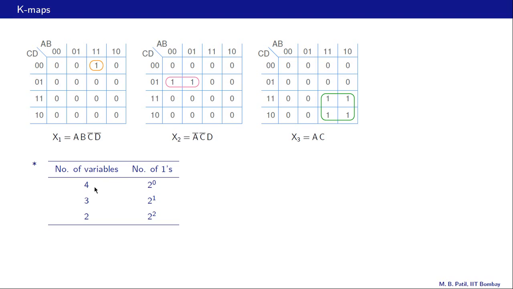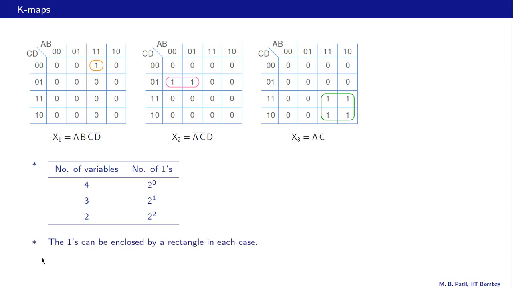If we have 4 variables, as in this case, then we have 1 one there. If we have 3 variables, like in this case, then we have 2 raised to 1 ones, that is 2 ones, like that. And if there are two variables, as in this case, then we have 2 raised to 2 or 4 ones in the K-map, like that. So in each of these cases, the number of ones is given by a power of 2, and that is a very important point to remember.